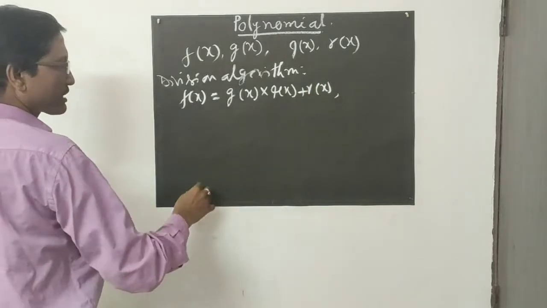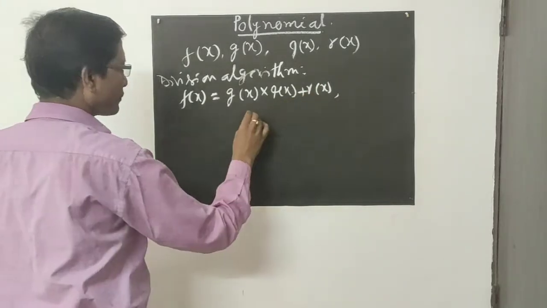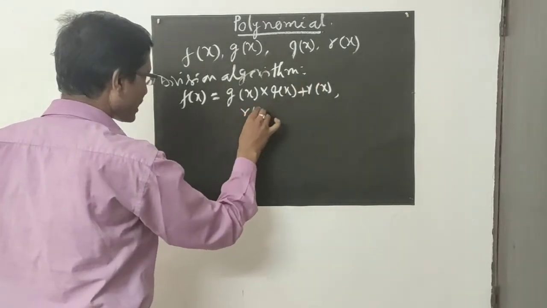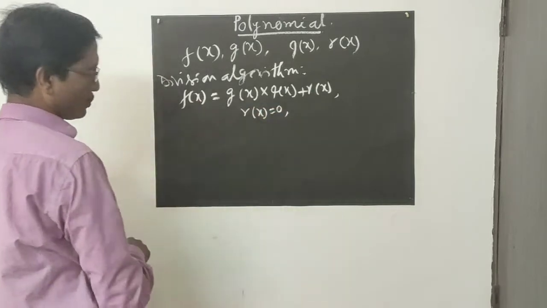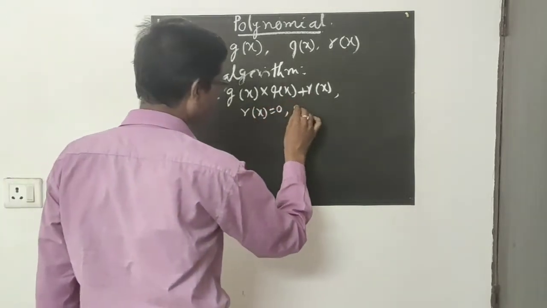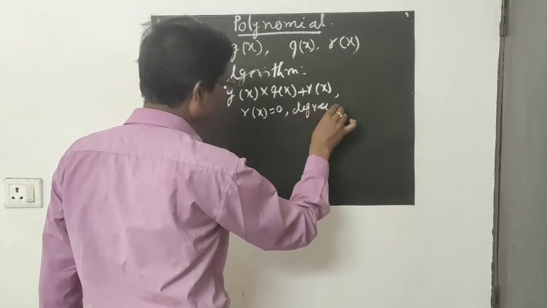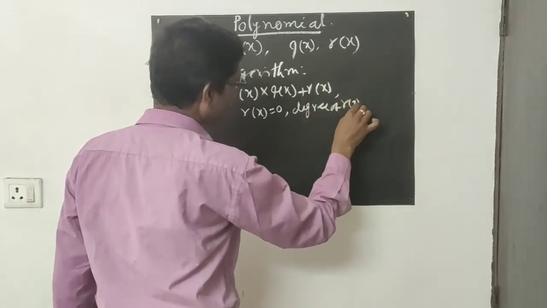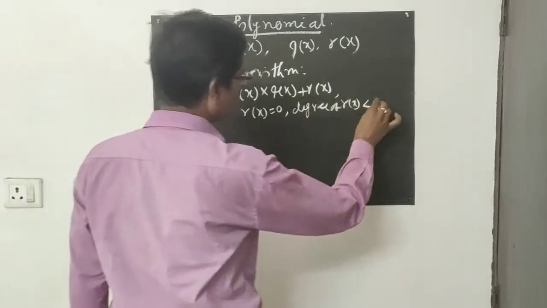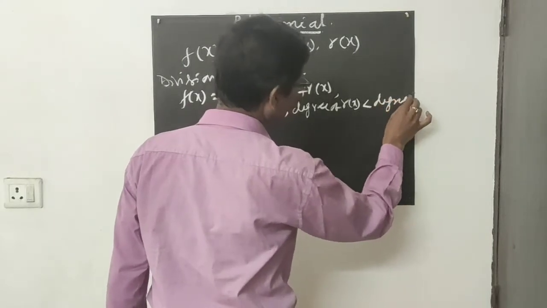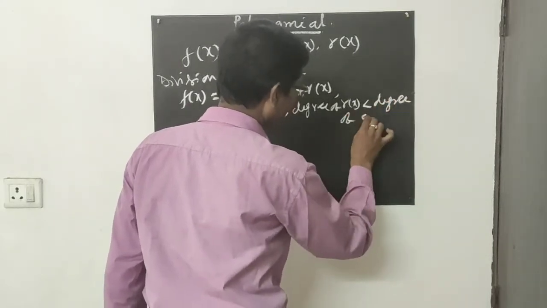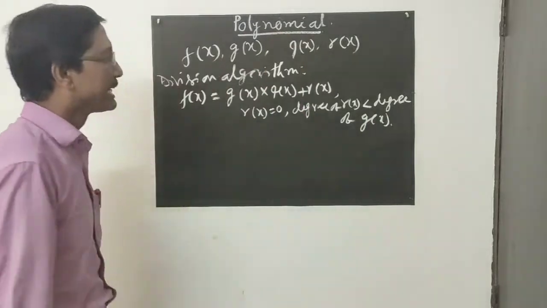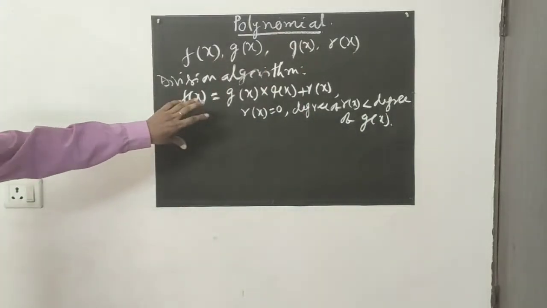What is this r(x)? It is the remainder polynomial. So r(x) should be 0, or its degree must be less than the degree of g(x). This is the division algorithm.